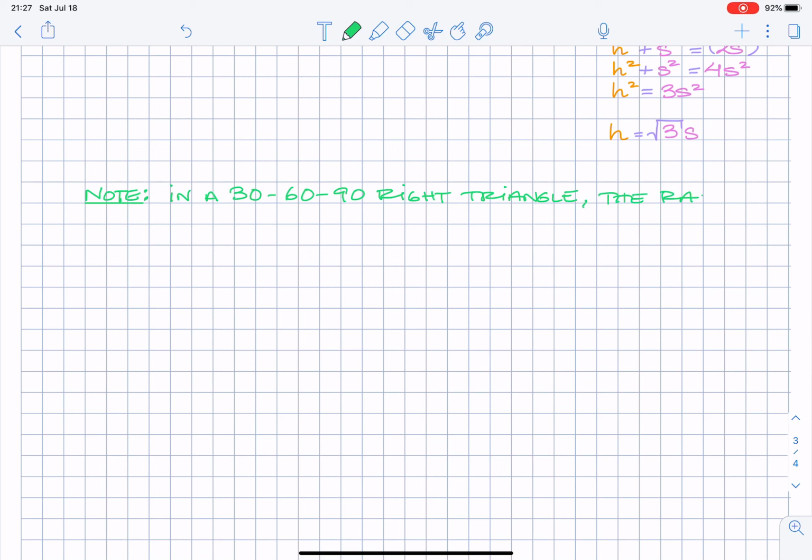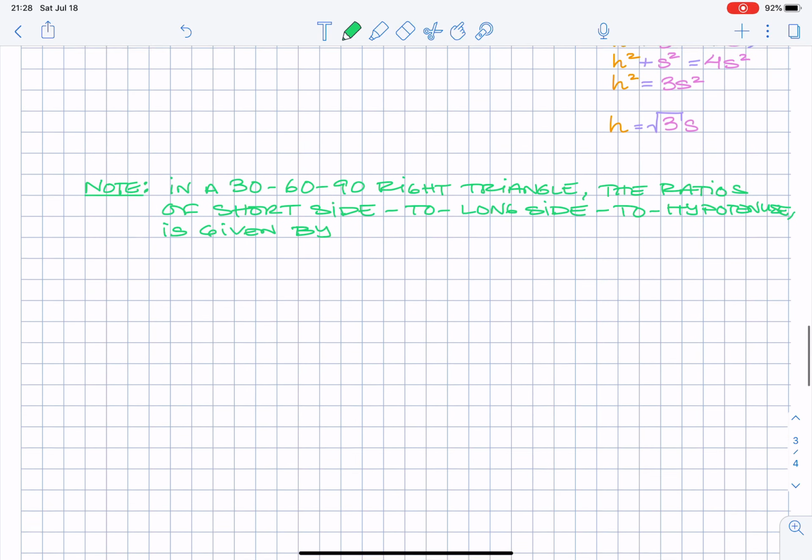So the ratios of short side to long side to hypotenuse is given by, okay, so what do we get?